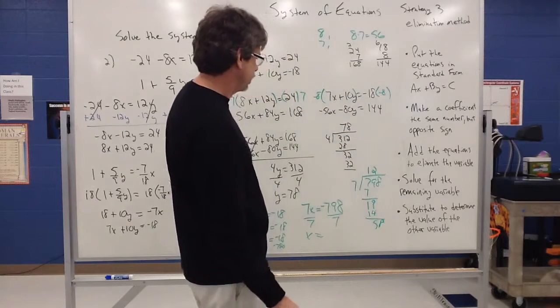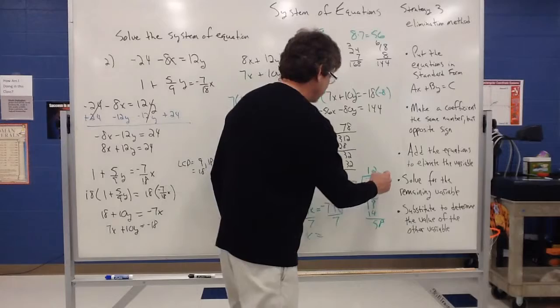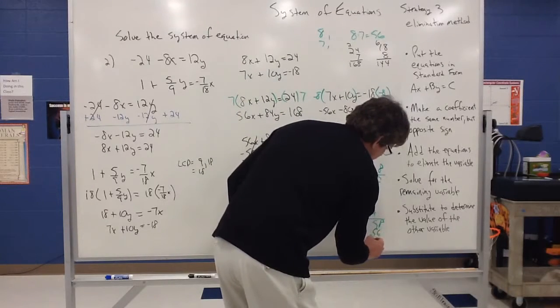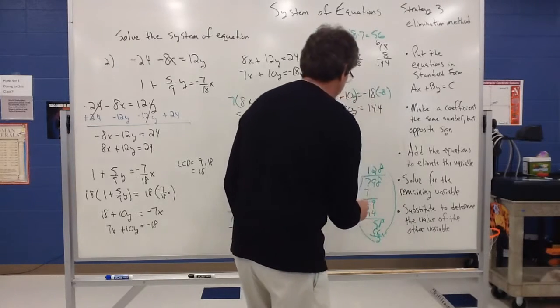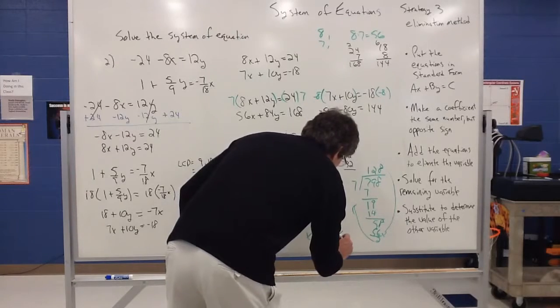Looks like I'm getting a 58 there, and 7 goes into 58 like 8 times. So I'm going to get 128 and 2 sevenths.